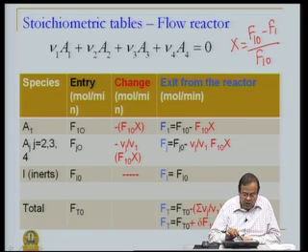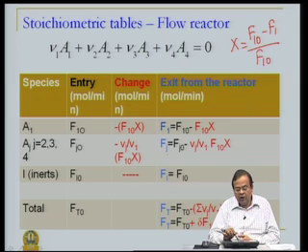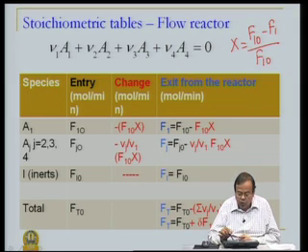So, the change in number of moles of the jth species is nu j by nu 1 into F10x. It is true for all remaining species 2, 3, 4, and we have Fj as Fj0 minus nu j by nu 1 into F10 into x.